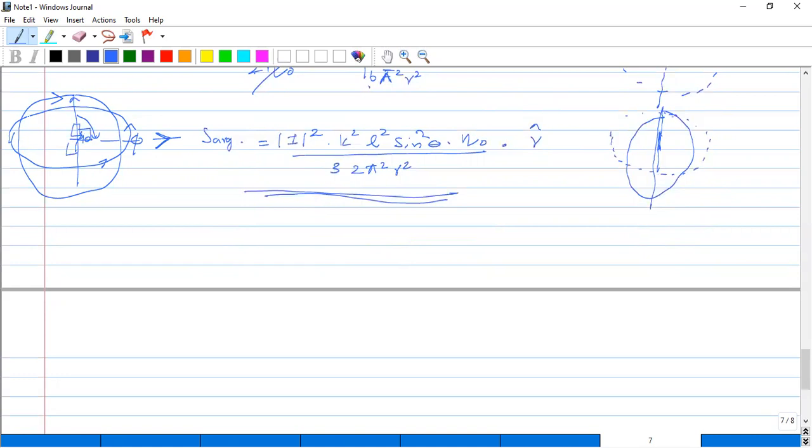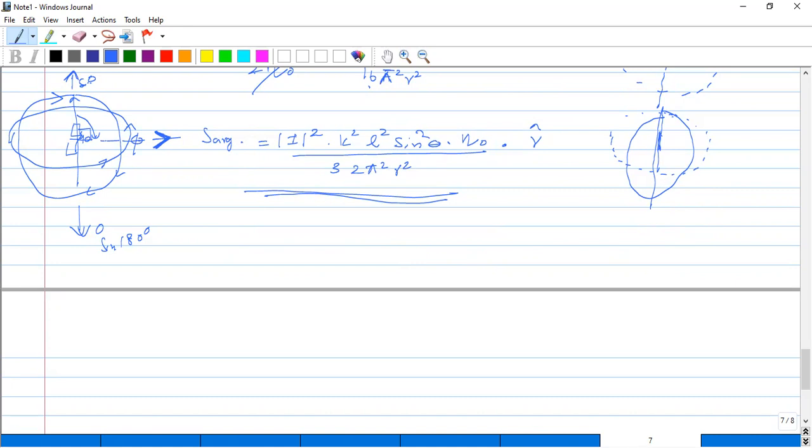The maximum radiation you will get in this direction, and in this direction and this direction you will get zero radiation, because it is sine 0 and sine 180. Sine 0 and sine 180 are 0, so there is no average power through this direction, and power is radiating only in this direction. So you can see that the radiation is not uniform.